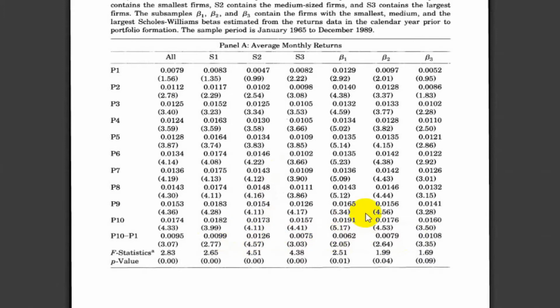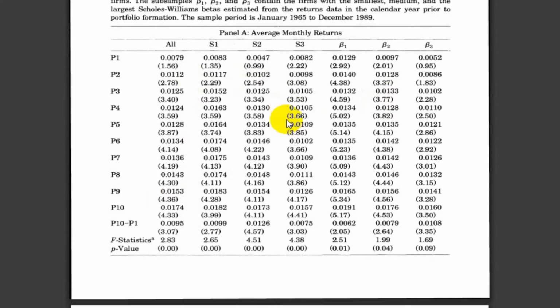And also this means that the abnormal relative strength returns aren't confined to a single subset or type of stock.